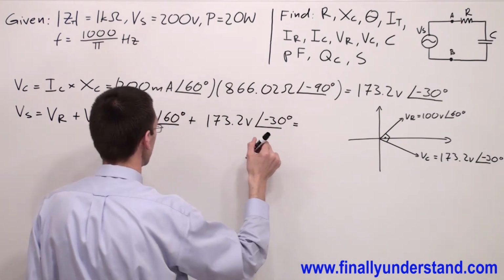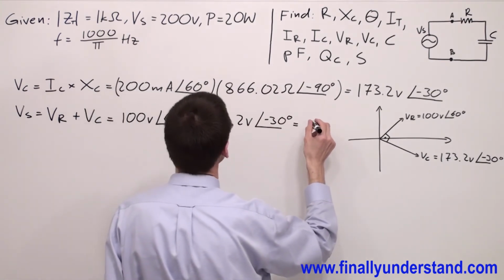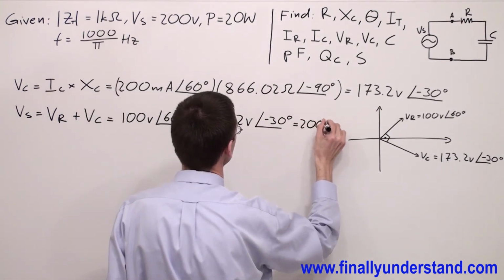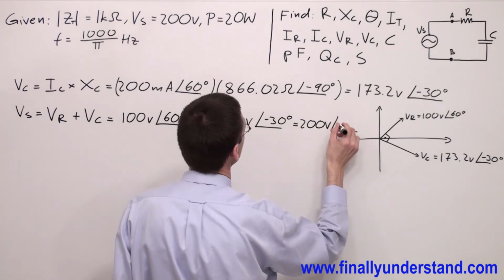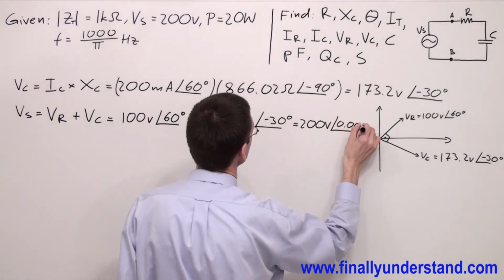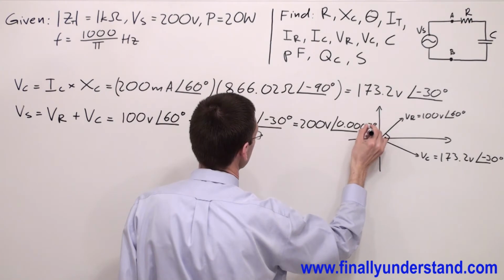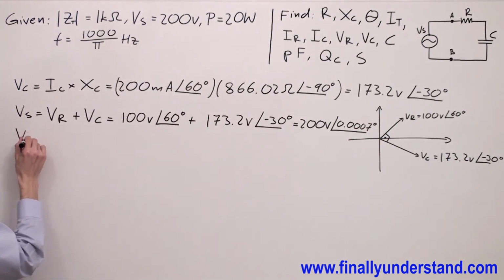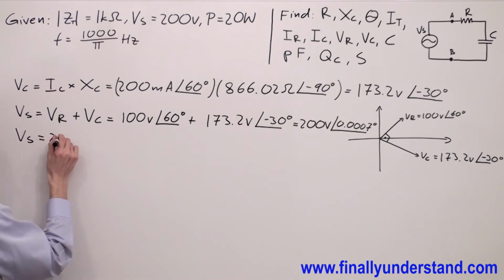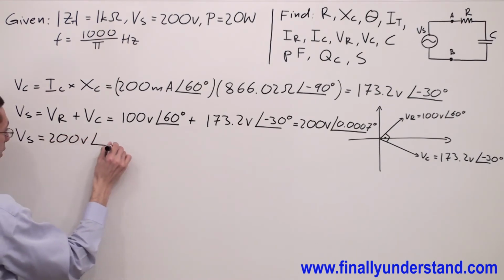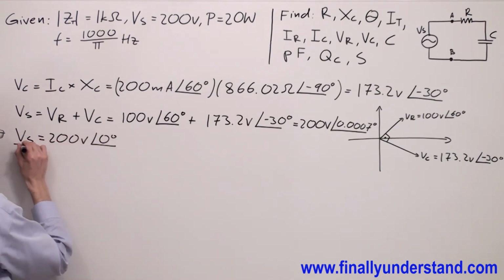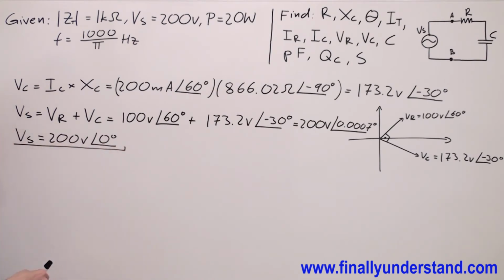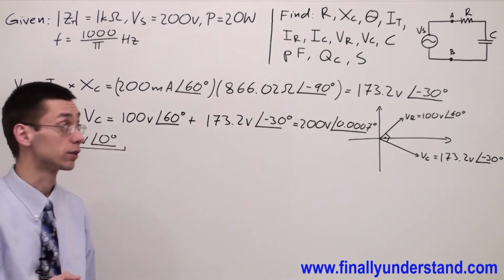This is equal 200 volts and angle of 0.0007 degrees. So you can say that voltage source in this case is equal 200 volts and angle of 0 degrees. So this is another proof that our answers are correct so far.